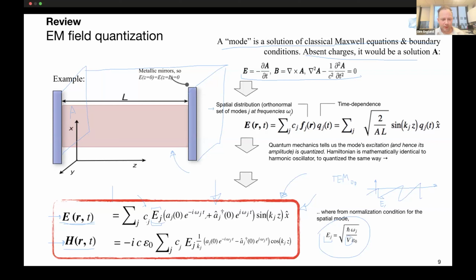So if you want to get, with a single excitation of the optical field, so a single photon, a strong interaction with an atomic system via the dipole force, then you should make volumes small, because that will cause the vacuum electric field factor here to be large.